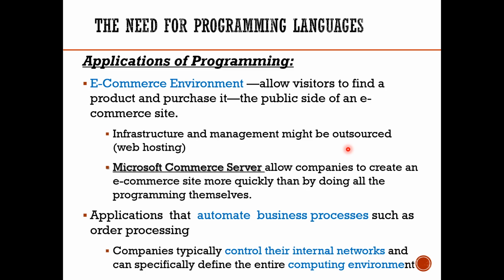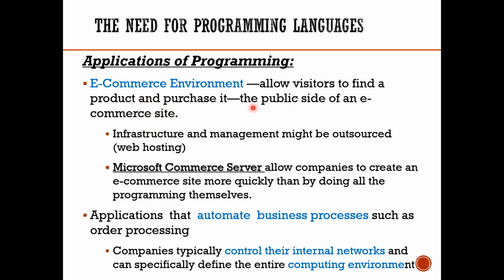Under programming languages, there are some applications, but within the scope of this course, we define two kinds of applications. The first one is the e-commerce environment, which allows visitors to build and handle websites with online shopping, which allows the user to select between a lot of options and customize their selection according to the available criteria.